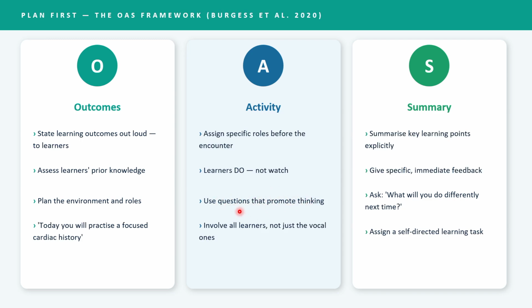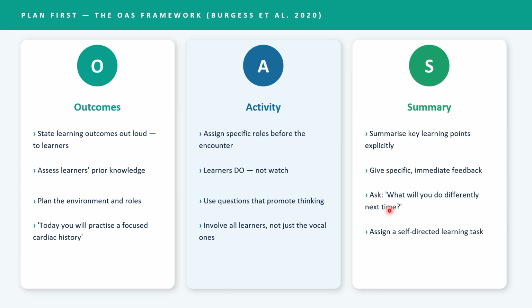You have to involve all learners, not just the focal ones, the brilliant students or the brilliant residents. You have to summarize the key points explicitly and give specific, immediate feedback. And you have to ask, what will you do differently next time? It is very important to assign a self-directed learning task following the session.